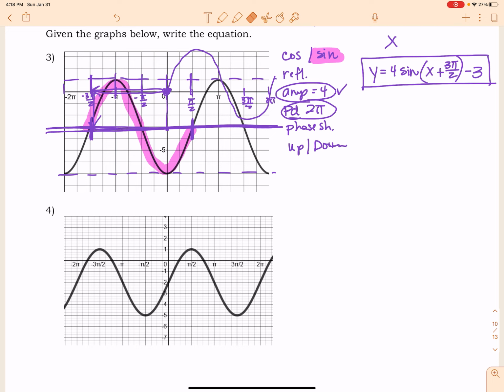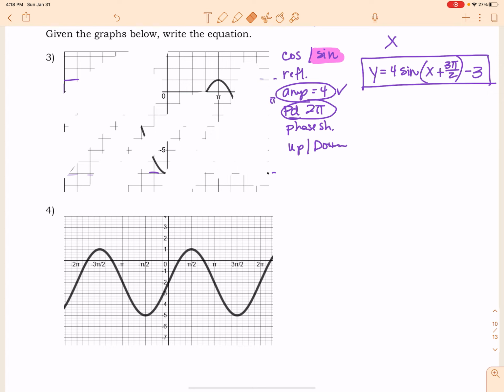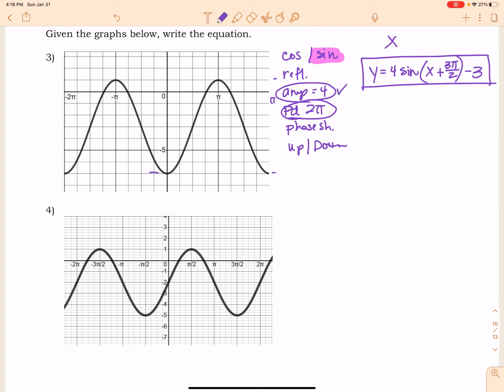Okay, so now let's take the approach that it could be cosine. So let's look at what the cosine graph would look like. Well, remember, one cycle of the cosine graph, let's use a different color.